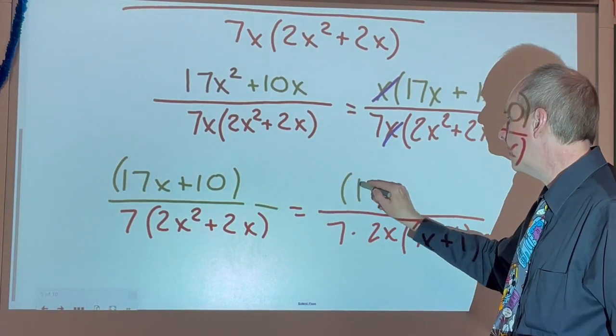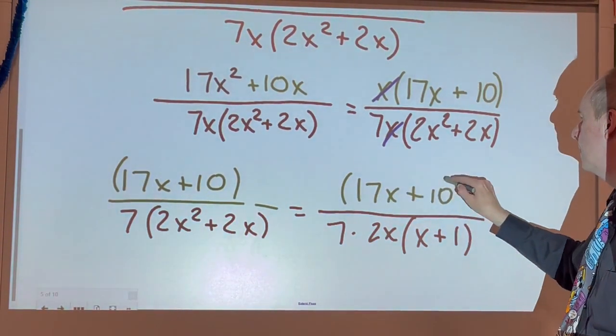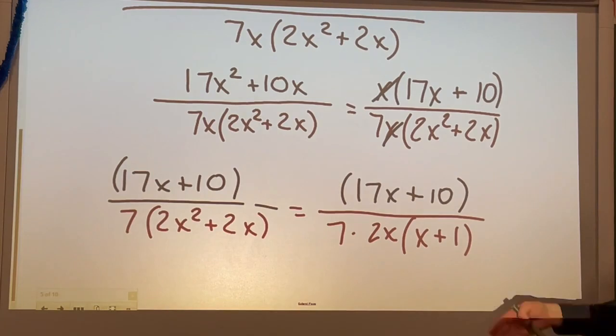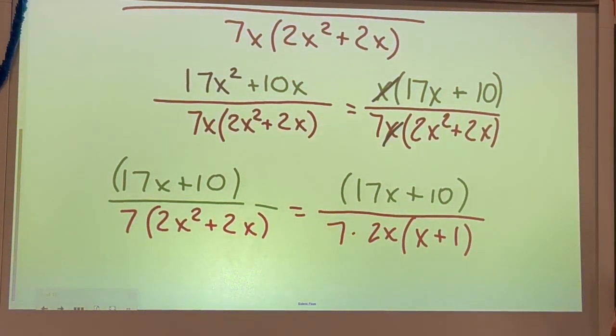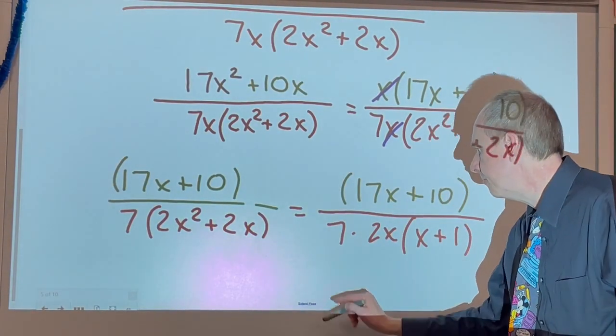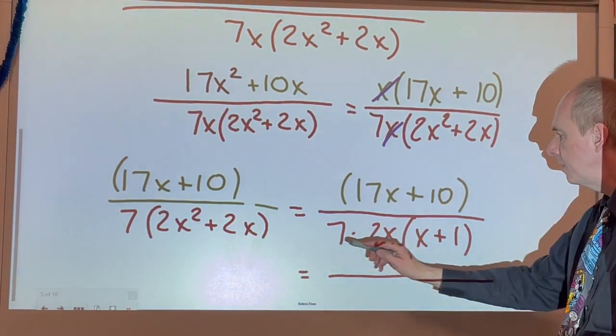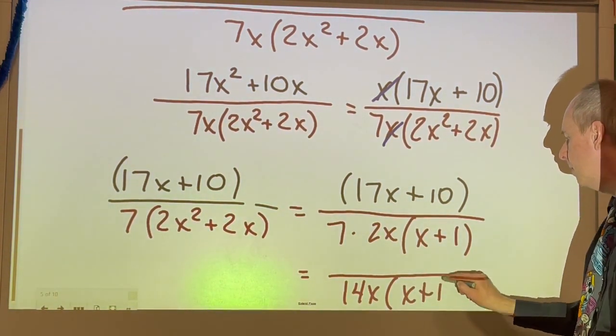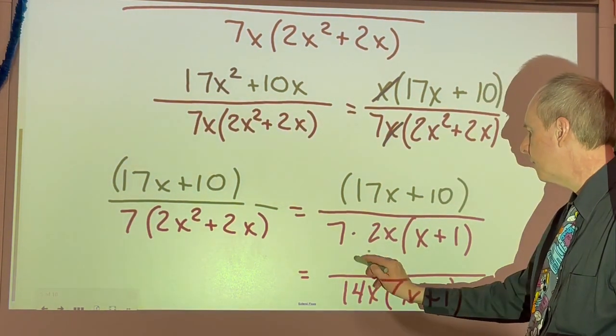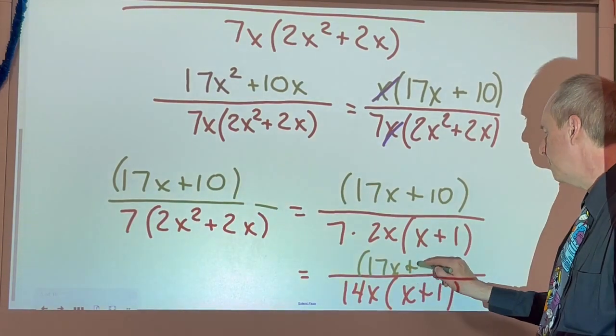Numerator, nothing in common. Nothing I can factor up top. No twins down below with the top. So my final answer, 7 times 2x would be 14x. x plus 1, there's the denominator. Numerator, 17x plus 10.